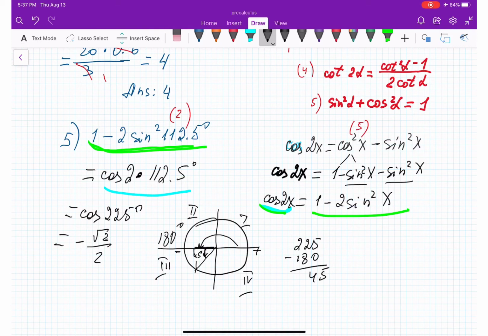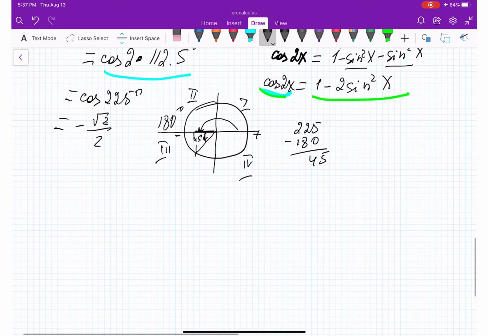All right. Moving to question number 6. I will solve 2 more problems. All right. Problem number 6. What do we have? 2 cosine squared 165 minus 1. All right.